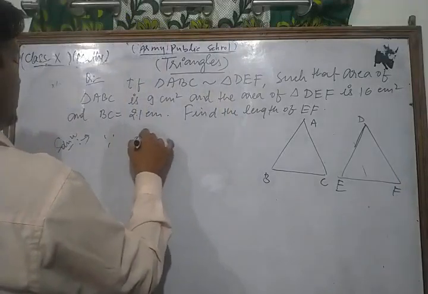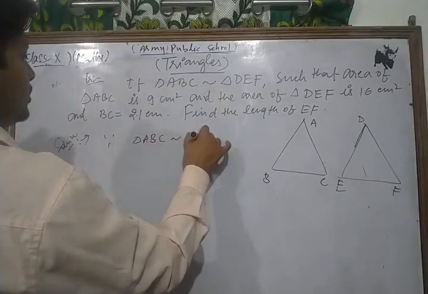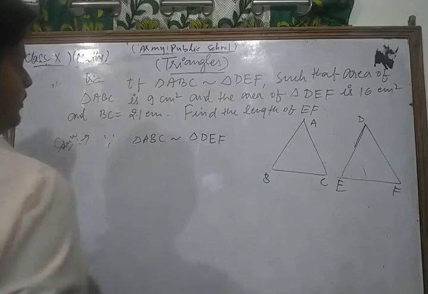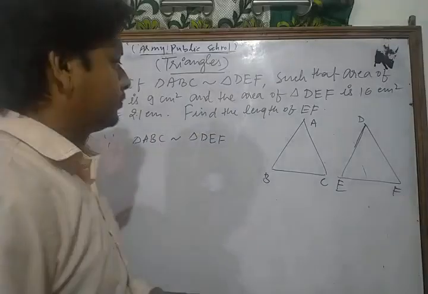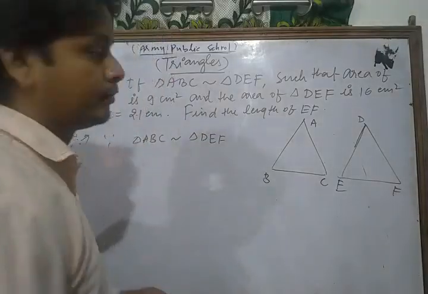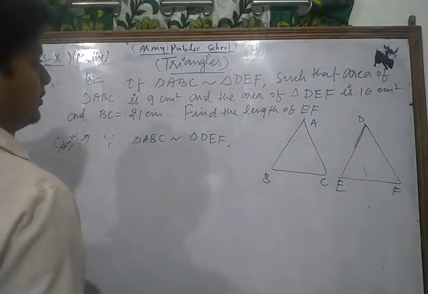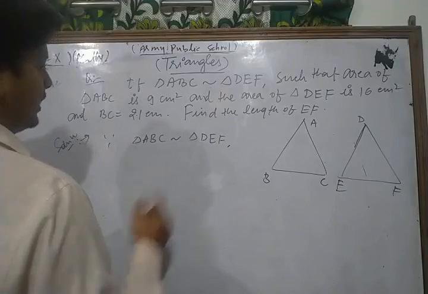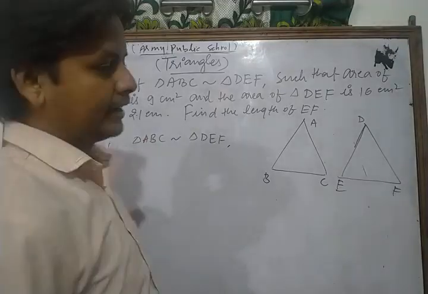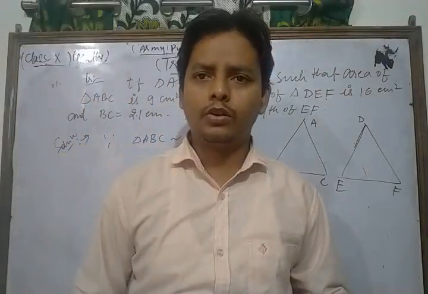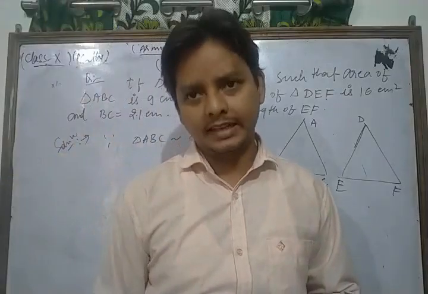Since triangle ABC is similar to triangle DEF, the ratio of their areas is the same as the ratio of the squares of two corresponding sides of these triangles.